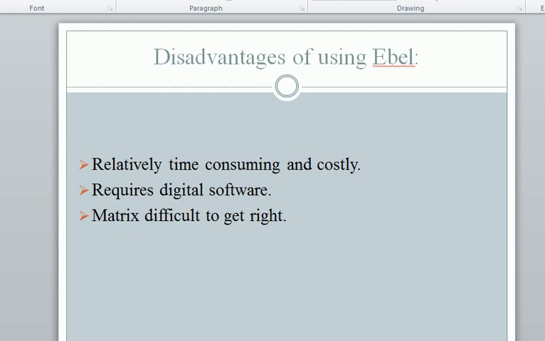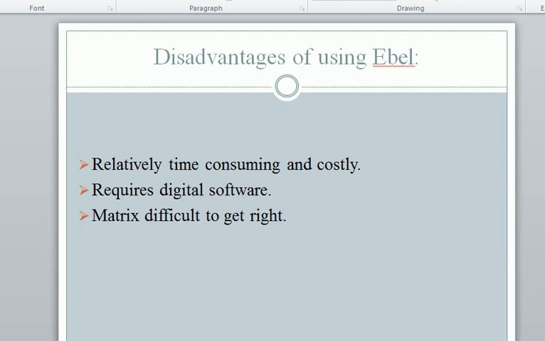Dear students, I have discussed in detail the Abell method of standard setting before you. First of all, I described the concept and steps of using the Abell method. Then I discussed the procedure of the standard setting method.